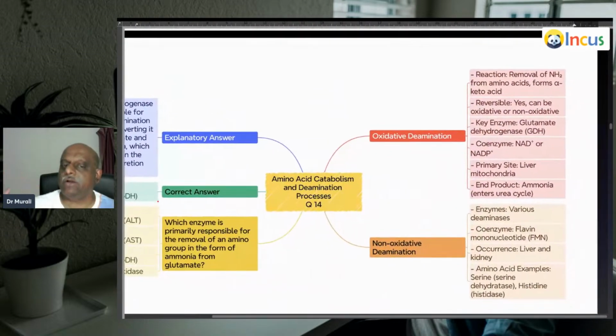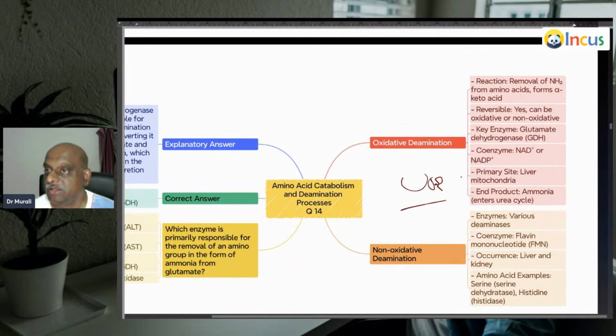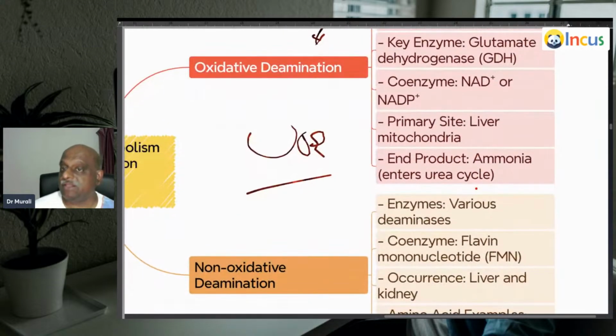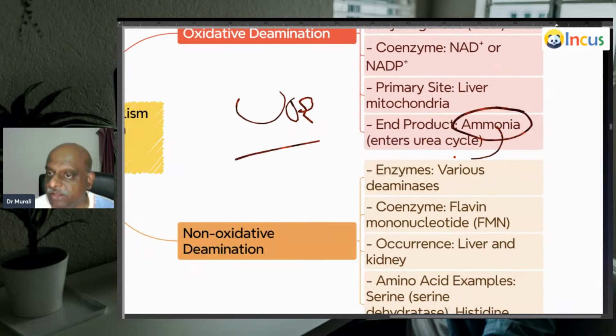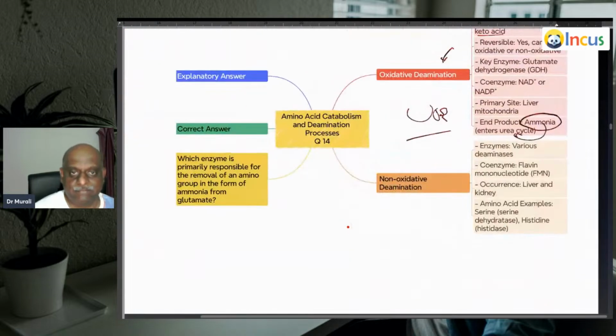So you should know everything about the urea cycle, etc., doctor. The removal of ammonia from amino acids forming alpha keto acids is called oxidative deamination. It is reversible, and glutamate dehydrogenase is the key enzyme. NAD plus and NADP plus are the coenzymes, and the main site is the mitochondria in the liver, and that leads to the formation of the ammonia, which enters into the urea cycle, is what you need to remember.